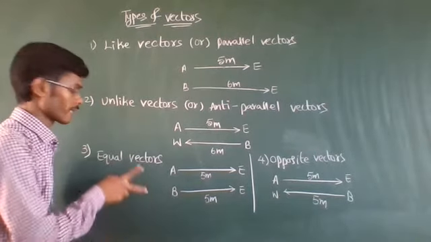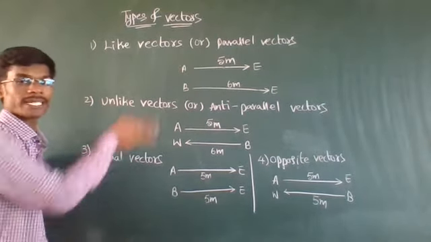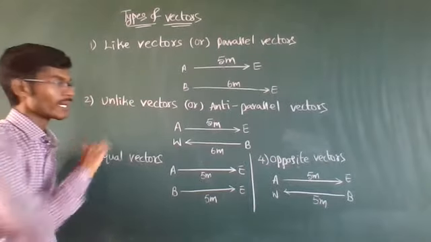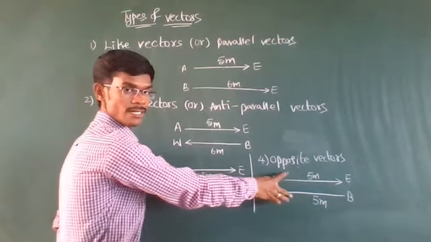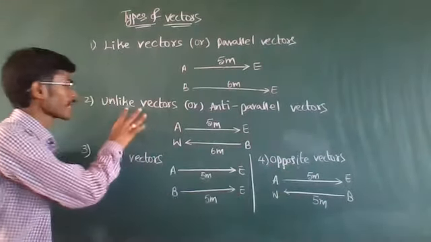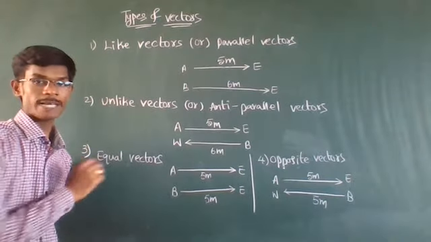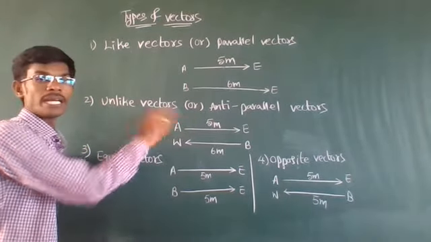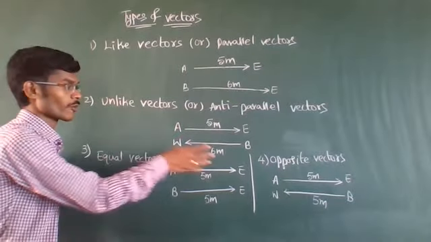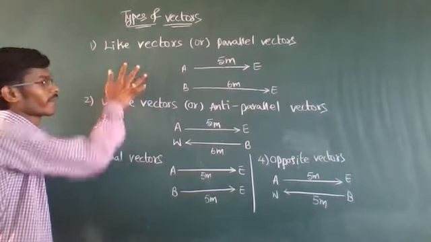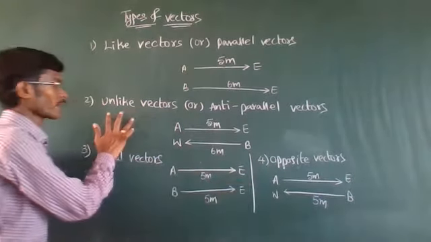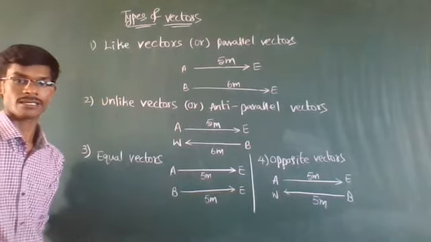So equal vectors come under like vectors. The same way, opposite vectors come under unlike vectors, where the magnitude may be different. So equal vectors are part of like vectors, and opposite vectors are part of unlike vectors.